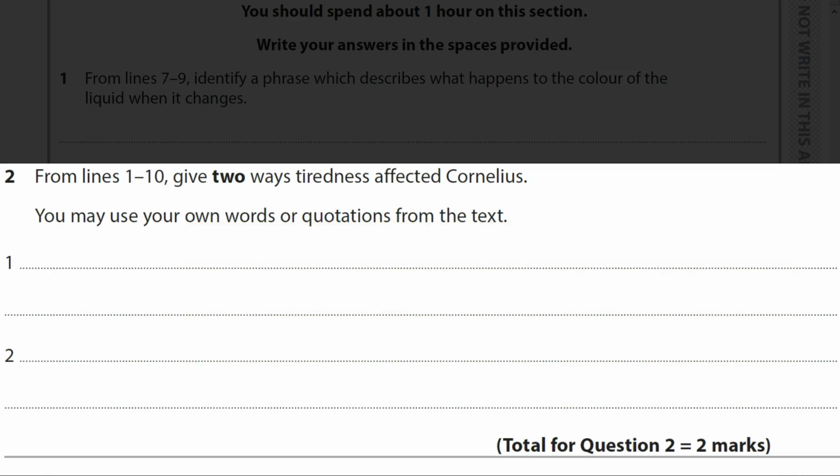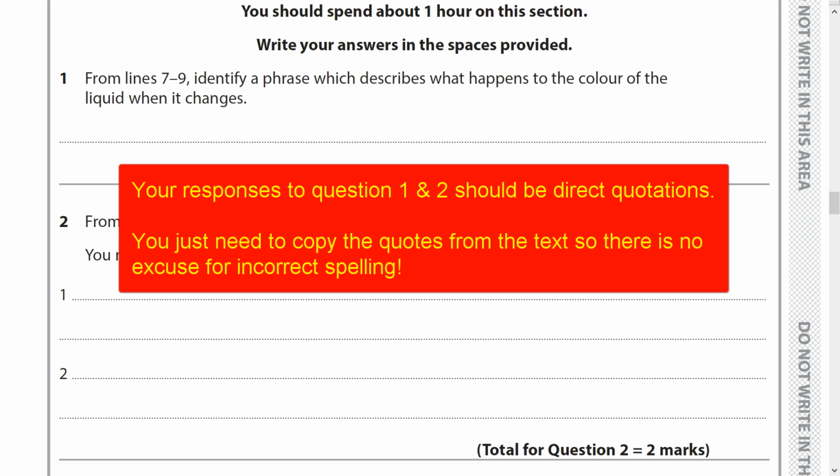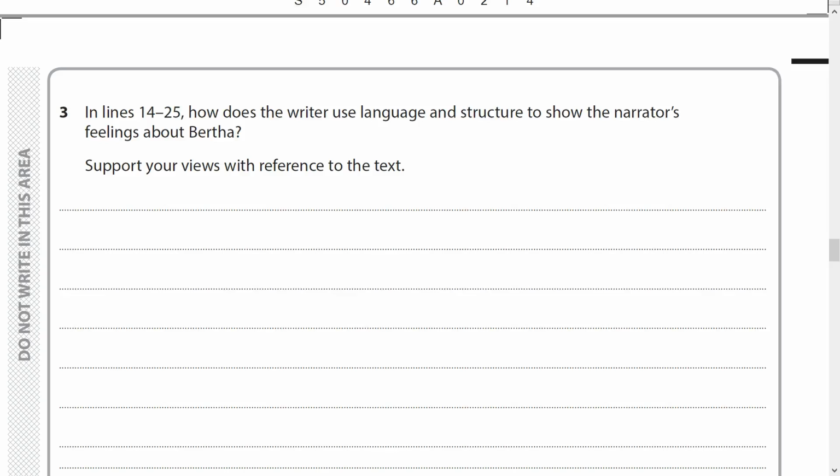So simply scan the text, find your 2 quotations and simply write them down. Copy them off the text. Make sure you copy the spellings correctly. If you're copying off a text, there's no excuse for incorrect spelling because you're just copying from the text that you're working with. Okay, let's go on to question 3.